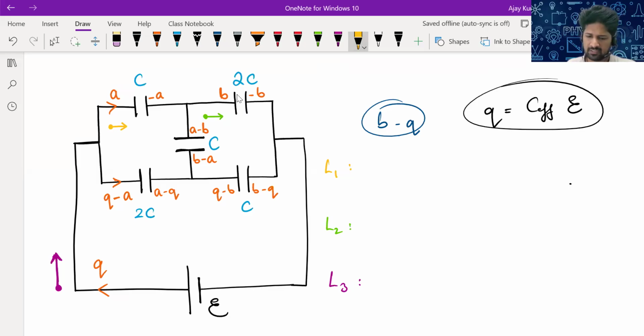Okay, Hemant, can you tell me the KVL equation for the first loop? Yes, sir.